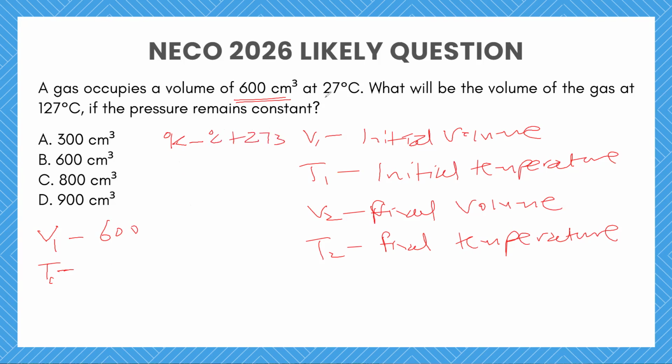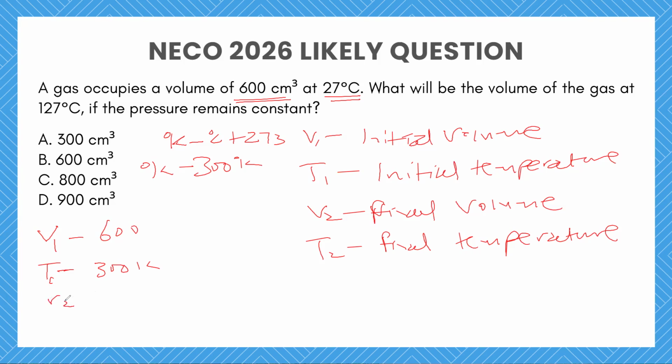So it occupies a volume of 600 cm cube at 27 degrees Celsius. So the temperature this time becomes 27 plus 273. That gives us 300 Kelvin. So T1 becomes 300 Kelvin.